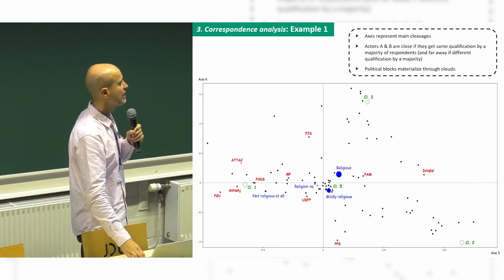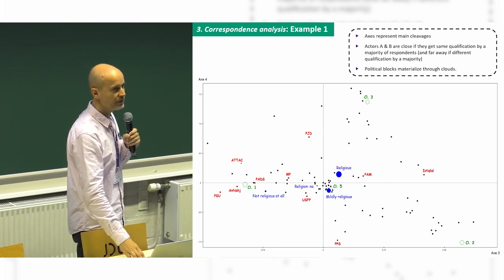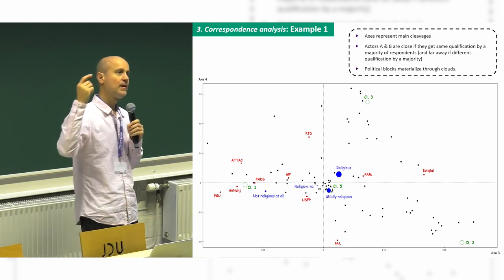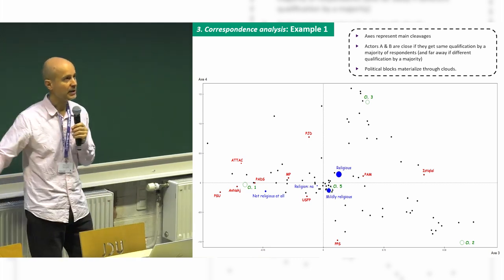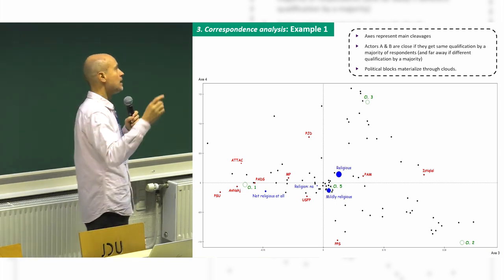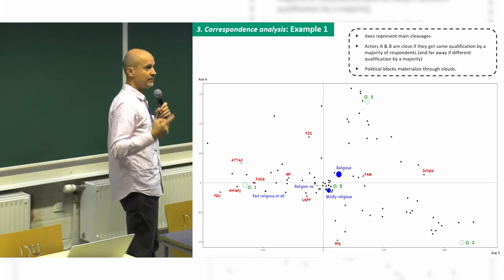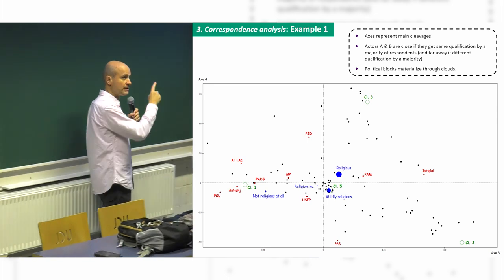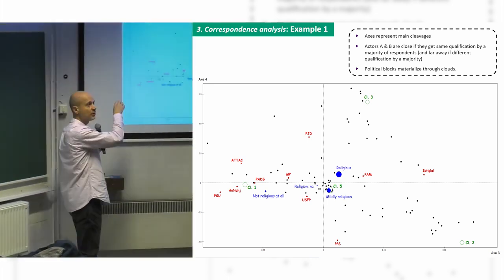And here you can project what we call supplementary variables, which means variables that were in the data set. We had many more than 17 questions, actually 50 or 60. So variables that were not active, not used for calculating correspondence analysis, but that can be projected.